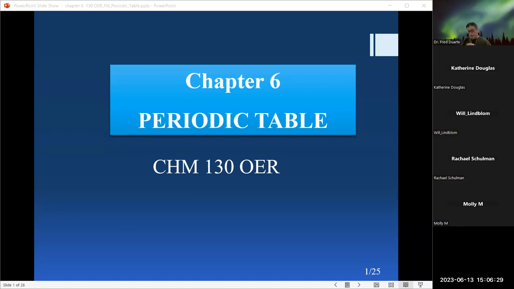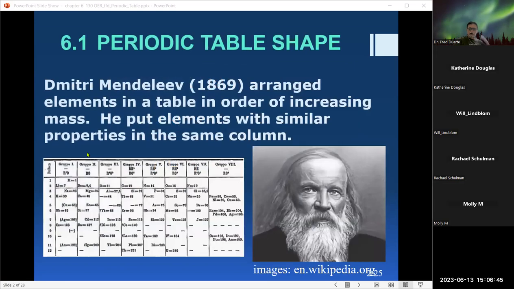This chapter deals with the periodic table and some trends that we find on the periodic table. Some of these trends we talked about already, and then there will be some new trends that we haven't. So anyway, the periodic table was first developed by this scientist.